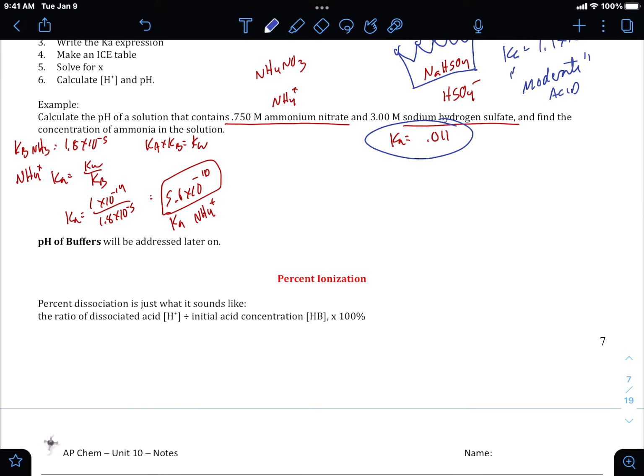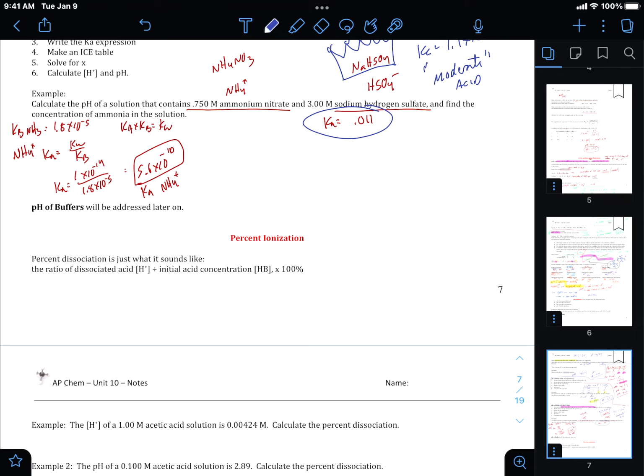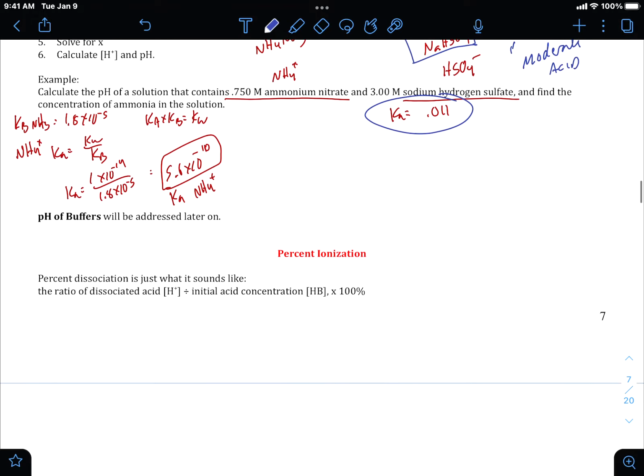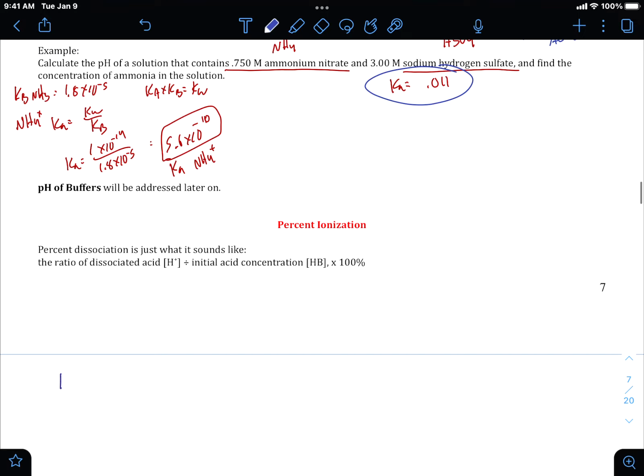I'm going to add a page here because we'll need more room. Okay, so HSO4. All right. Initial concentration of the bisulfate is 3 molar.